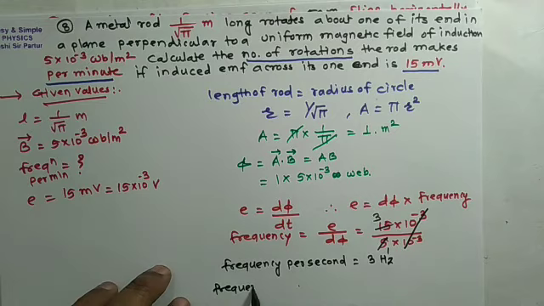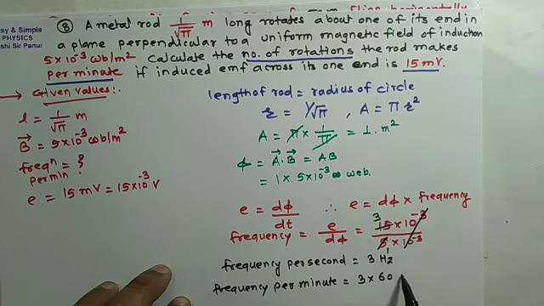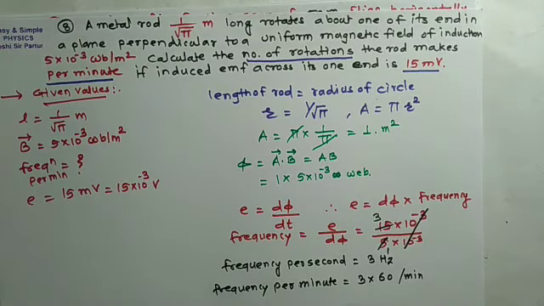So the frequency per minute will be 3 into 60 per minute. So it will be 180, because 3 into 60 is 180. So we can take it as 180 revolutions per minute.